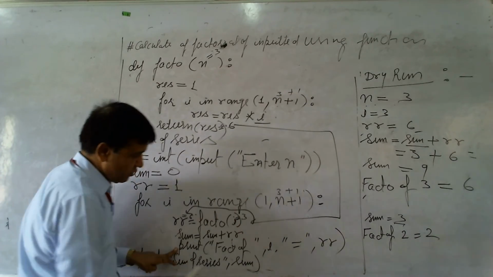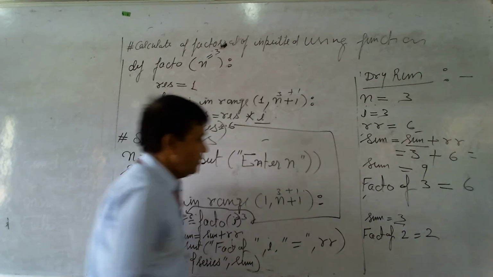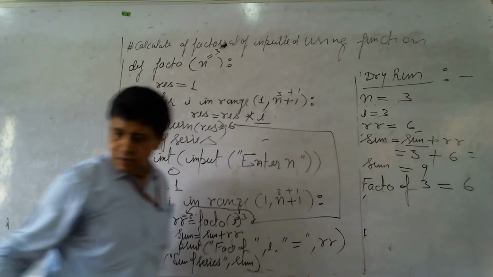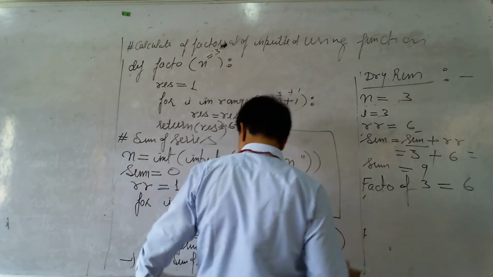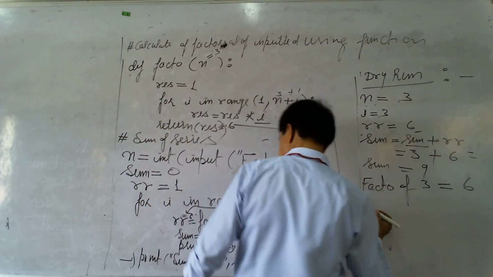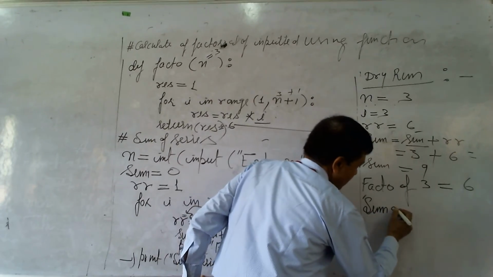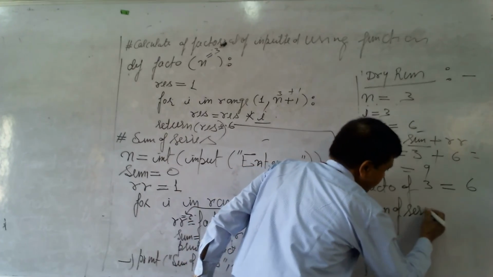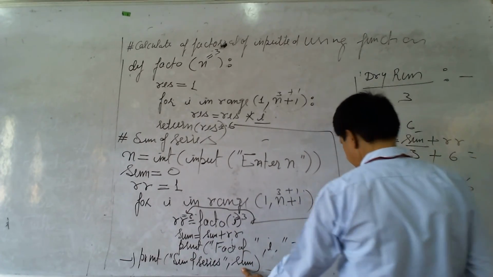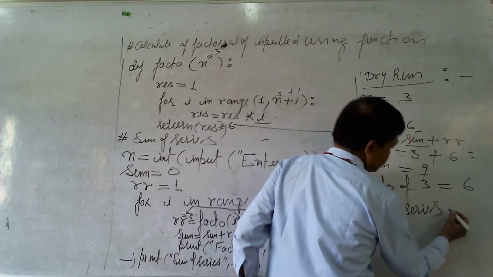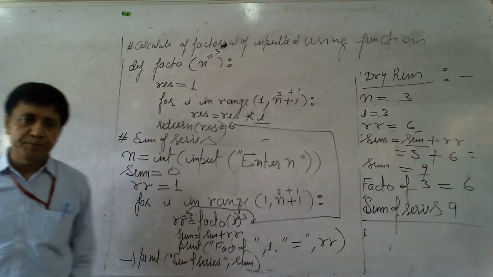Now as I equal to 3, this statement will be executed. The output of this statement will be the sum of series. This will print the sum of series, fine, and then the sum which we have calculated is 9. This is the final output of this program.